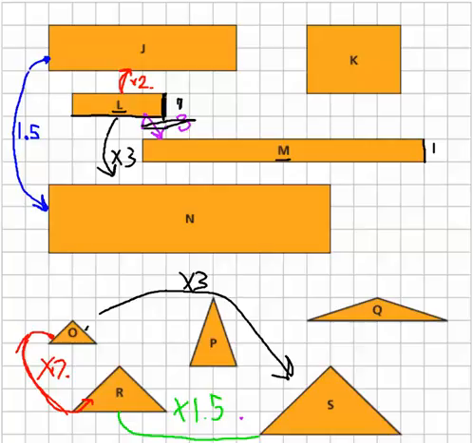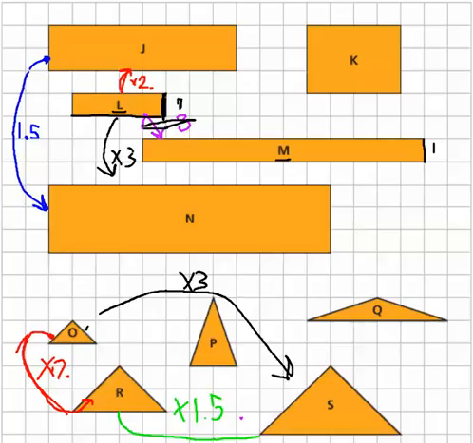However, J's area was 4 times as much as L. So that would mean that L would go into J 4 times. It seemed confusing because the height and length were half of each other.